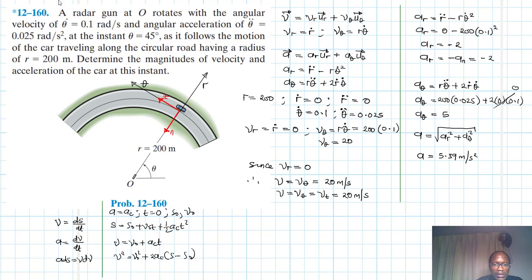I guess we are done. We have found the magnitude of our velocity at which this particular car is moving, and we've also found the acceleration at which this car is accelerating.